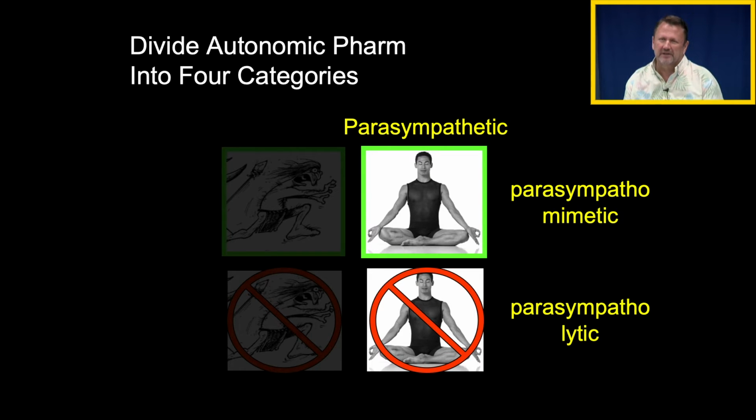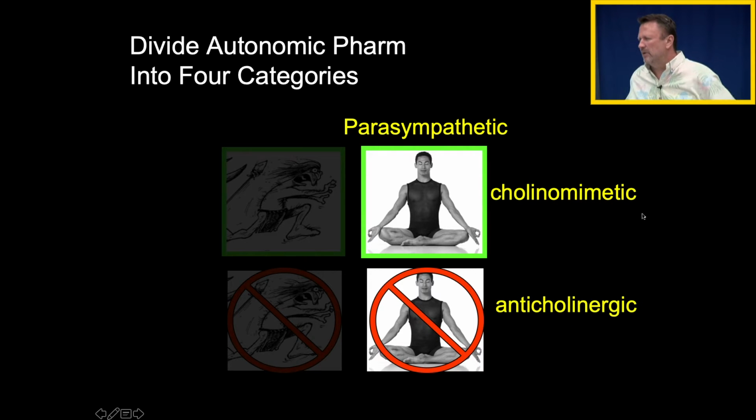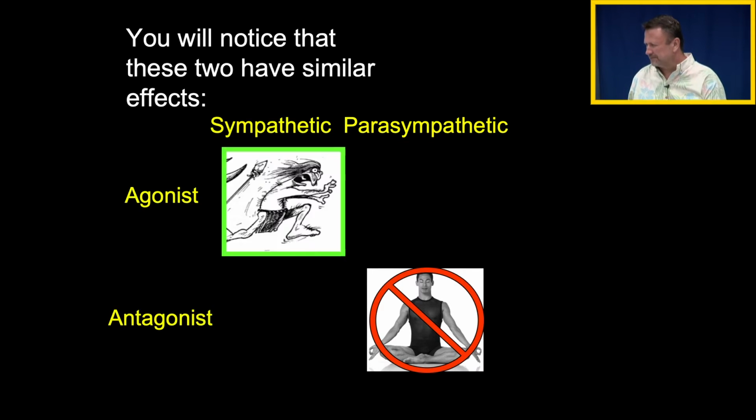On the parasympathetic side of things, maybe you'll hear it called parasympathomimetic if it mimics, or parasympatholytic if it blocks the response. Really what we hear is cholinomimetic and anticholinergic drugs. And because the autonomic nervous system uses muscarine as a receptor, you might hear these drugs called muscarinic and anti-muscarinic drugs, and they mean exactly the same thing, and that's what makes this complicated.